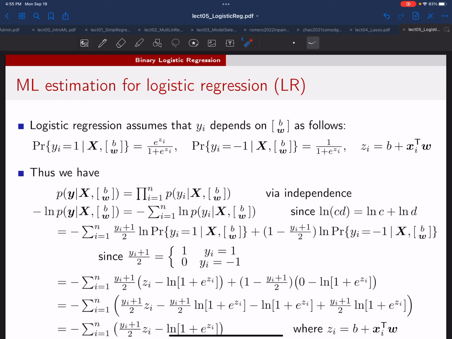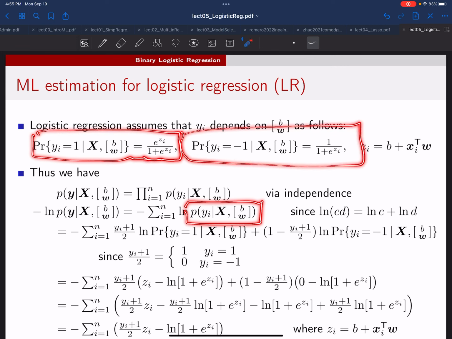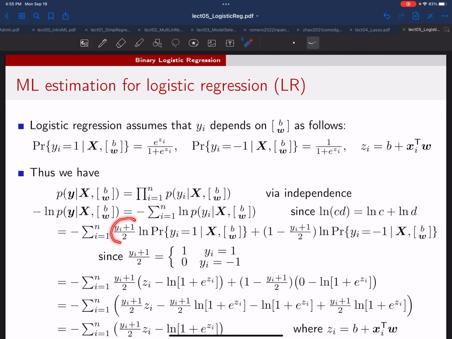So we're trying to figure out how we can write these two different expressions in common form like this. And the trick is to introduce these switching variables. And in that case, when y equals 1, this log thing turns into this, or when yi equals minus 1, this thing turns into this.